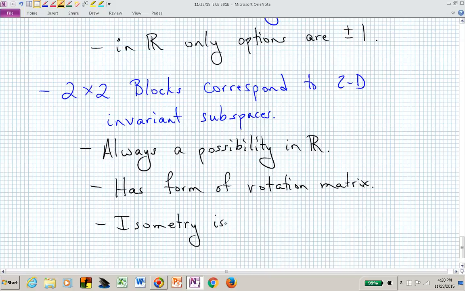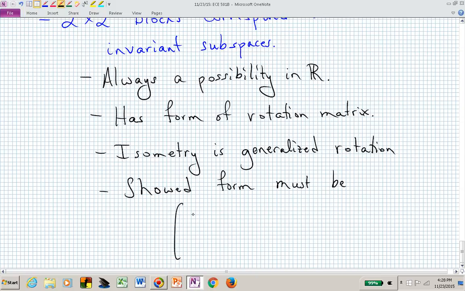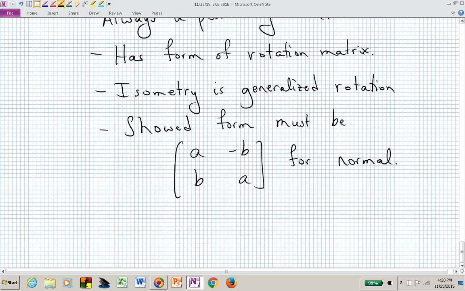It's still a generalized rotation. And in that theorem, we showed the form to actually be of the structure A, minus B, B, A, when we have a normal operator.